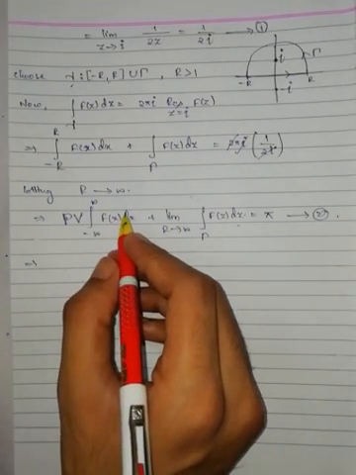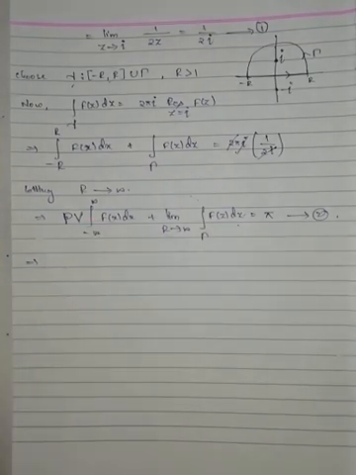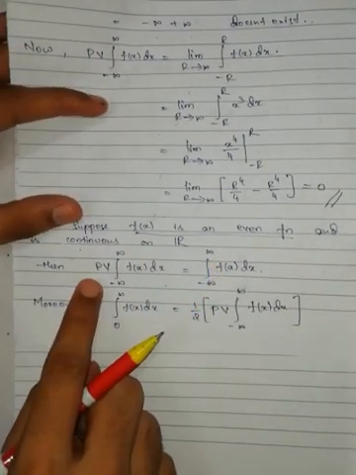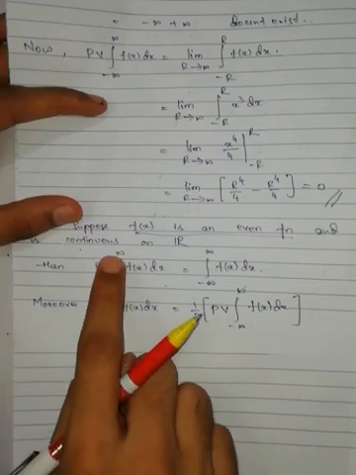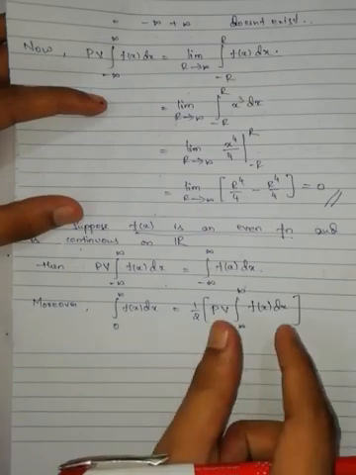Already we have written a note that if capital F of x is even, then the principal value of integration from minus infinity to infinity can be written as 2 into integration from 0 to infinity.